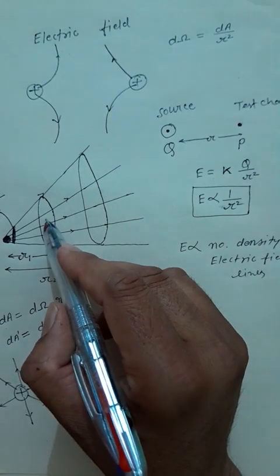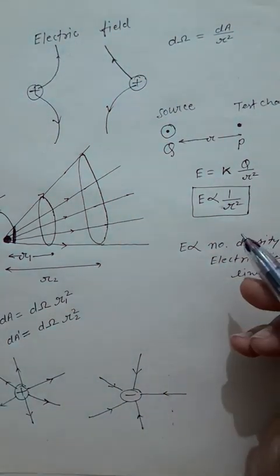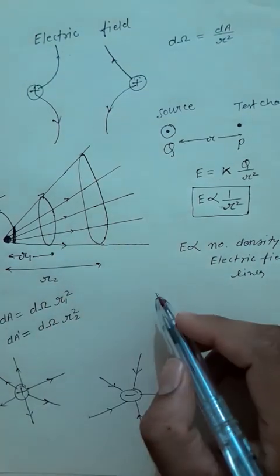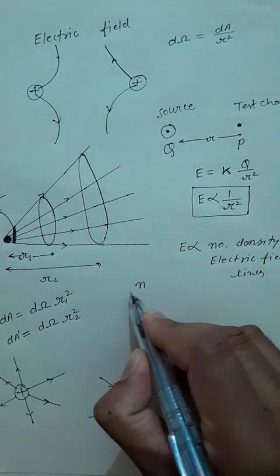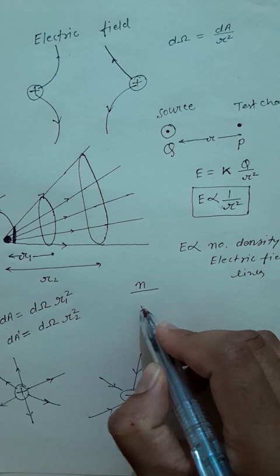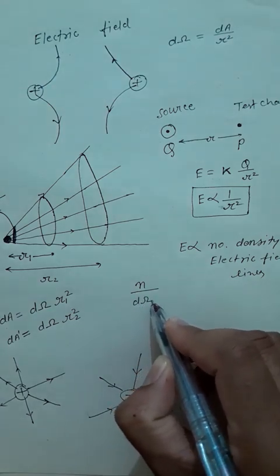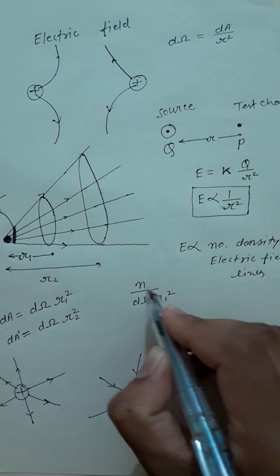Suppose n number of field lines pass through both the areas. What we can say here is that the density will be n divided by d omega r1 square.